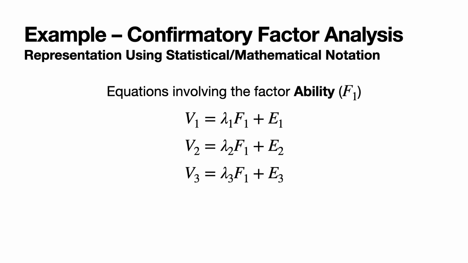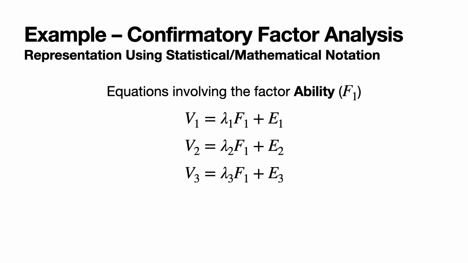And so we have V1, which is the general ability score, being equal to lambda 1 times the latent construct F1 plus a random error term E1. And so you can see here that this is a regression type of relationship, with lambda 1 being the slope coefficient multiplied against the latent characteristic or latent construct F1.